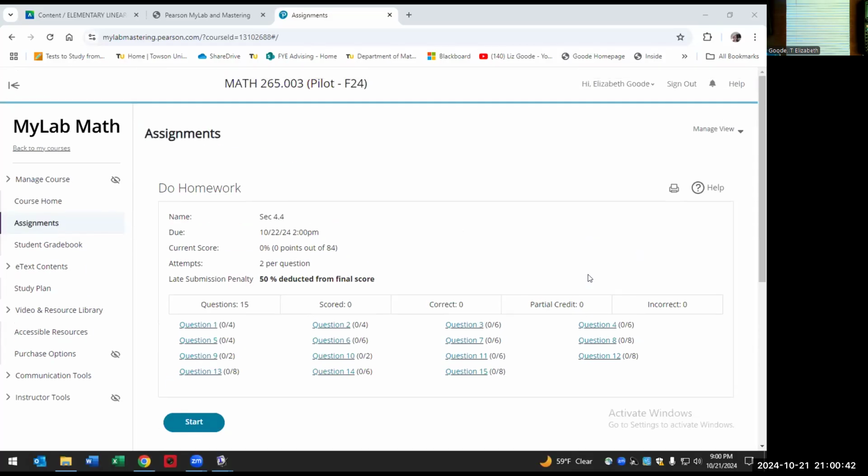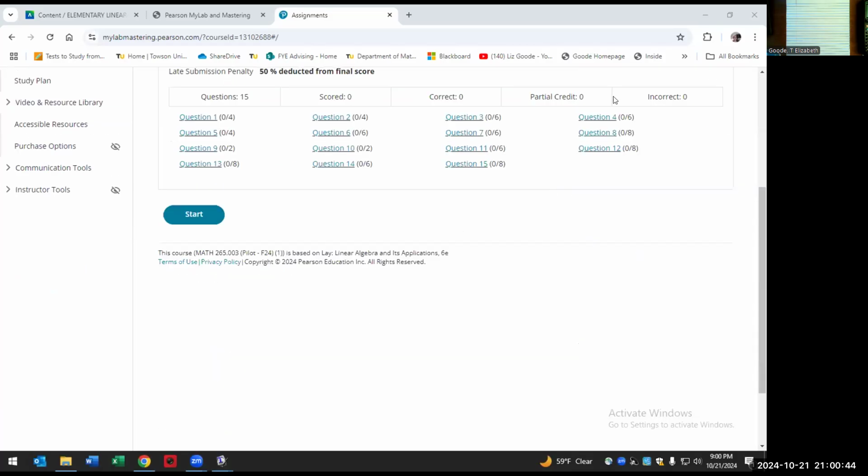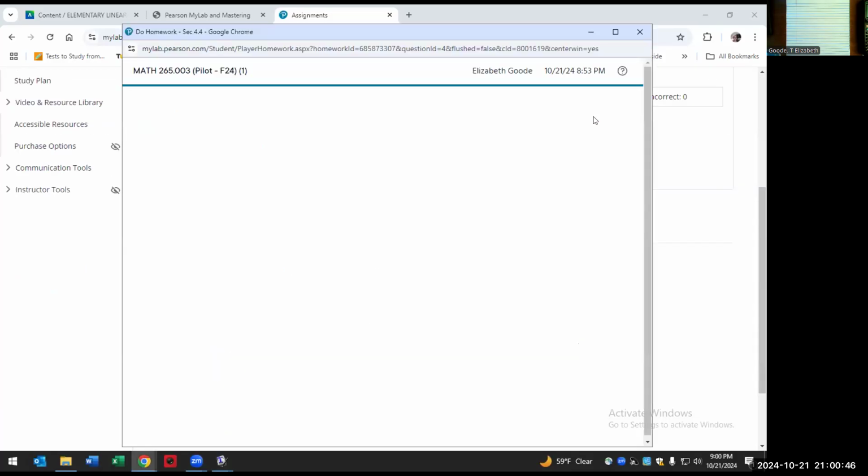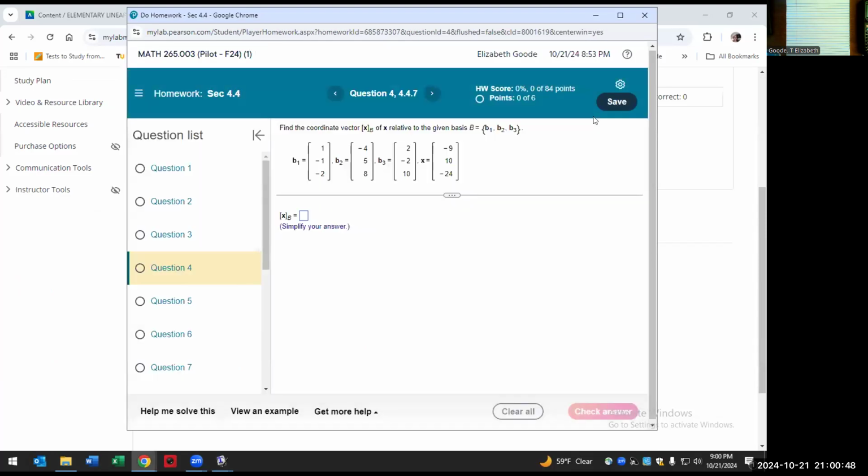All right, so let's look at question number 4 from section 4.4. Find the coordinate vector x beta of x relative to the given basis. Obviously yours are going to be different from mine.